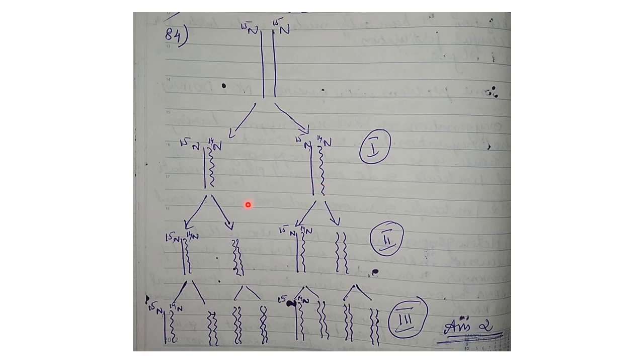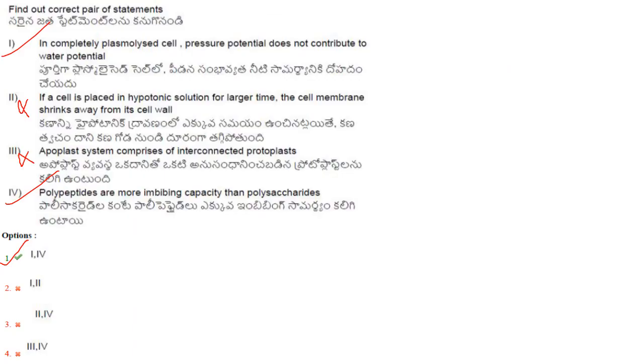So again, these will replicate in N14 medium for second generation, and these are the various strands or DNA molecules that you get. Now in third generation also they will replicate, but you have to see the number of hybrid DNA molecules in third generation. So it is N15 and 14 here and N15 and 14 here. So only 2 are there. So the answer here is option 2.